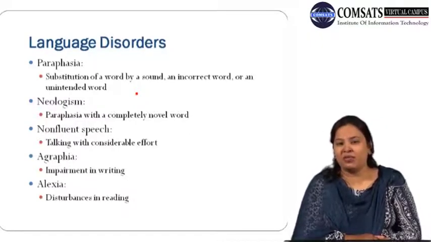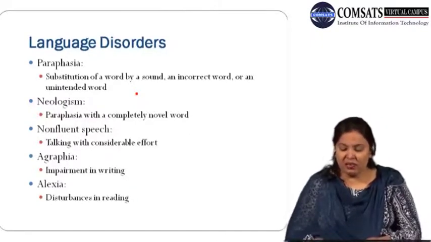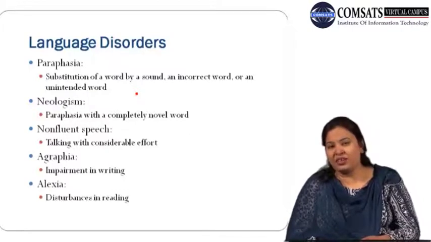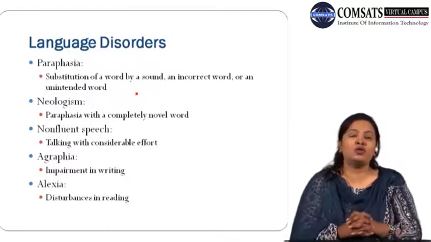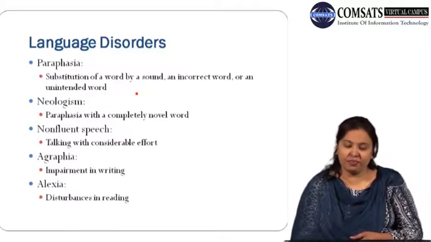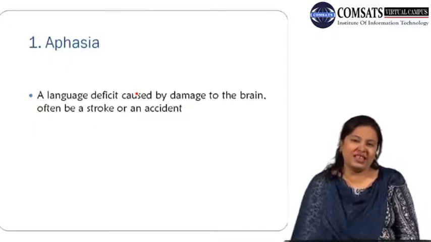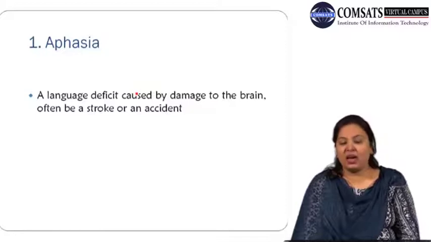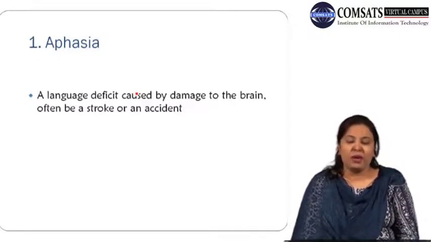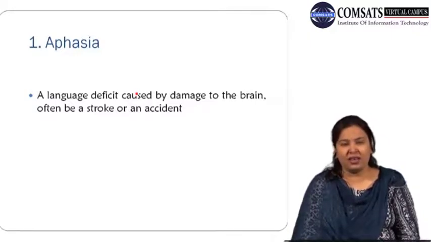So these are some types of language disorders which are related to brain activities. But again, our major focus would be on aphasia. What is aphasia? Aphasia is a language deficit caused by damage to the brain, often by a stroke or an accident.